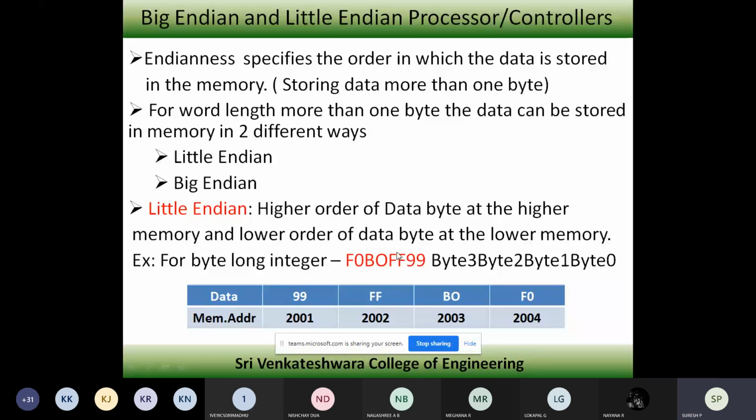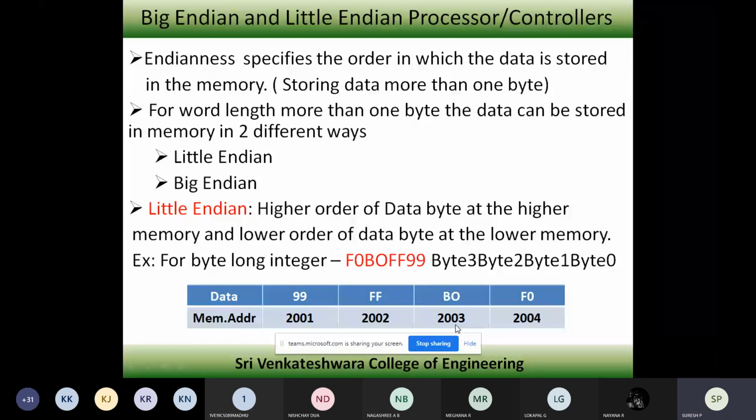The next byte, byte 1, will be stored in the next address, that is FF, in 2002. Next, byte 2 is going to be stored in 2003, and the content to be stored is B0, so B0 will be stored in 2003.